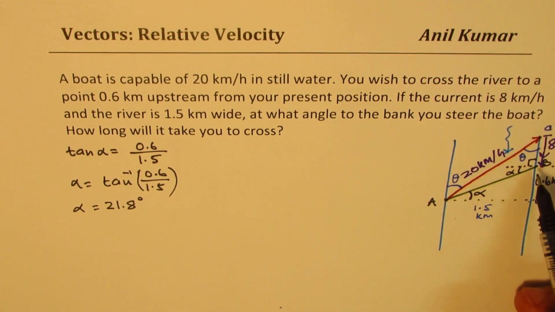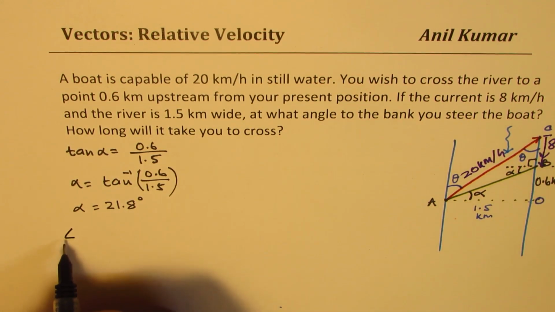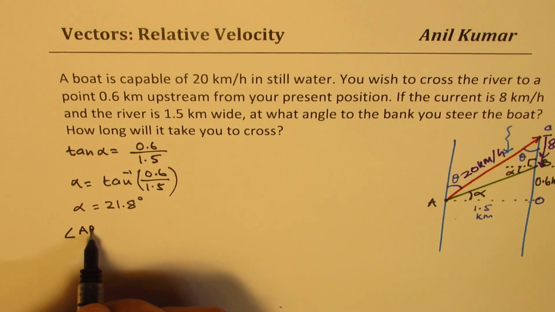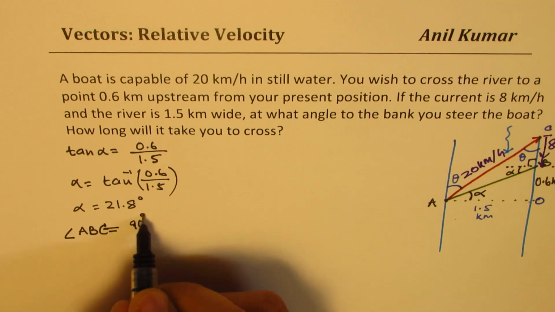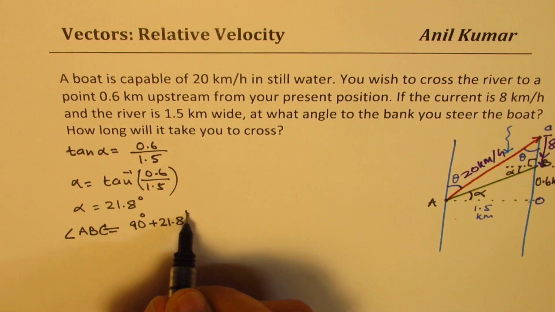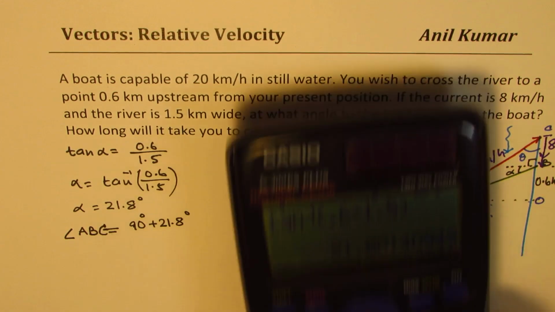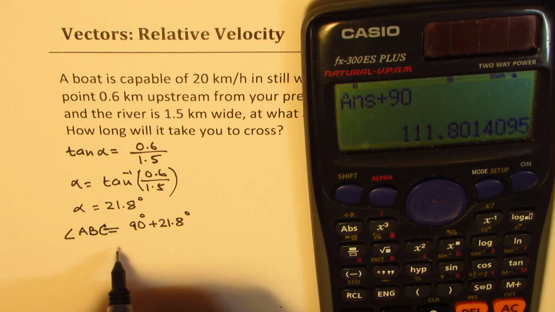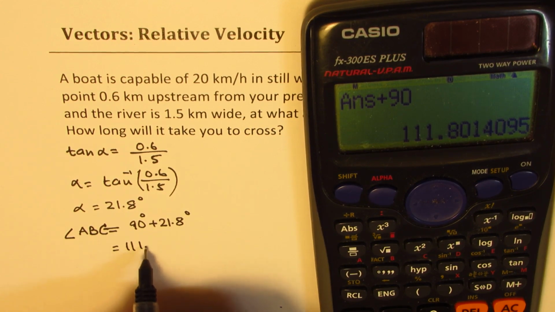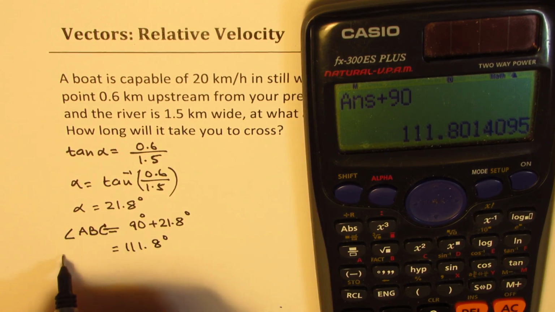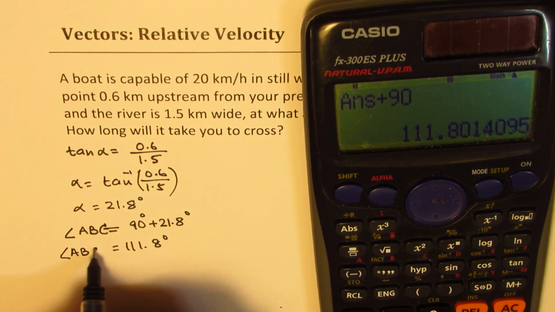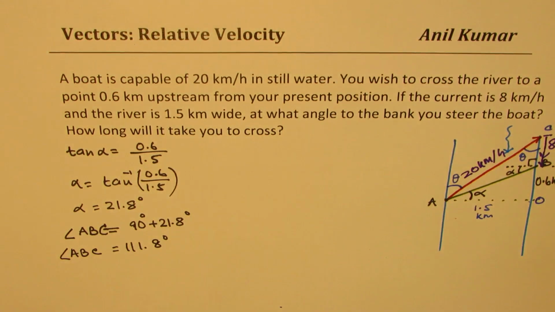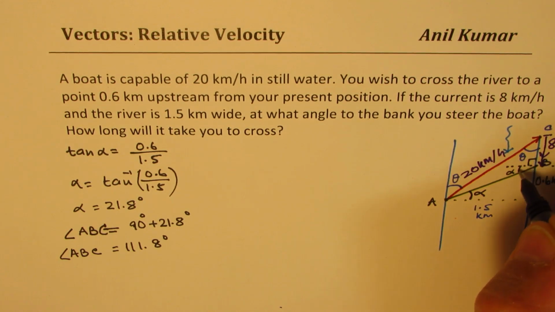So the angle at B, angle ABC, is equal to 90 degrees plus 21.8 degrees. We add 90 degrees to this and find our angle, which is 111.8 degrees. So the angle ABC is equal to 111.8 degrees. We get this big angle.